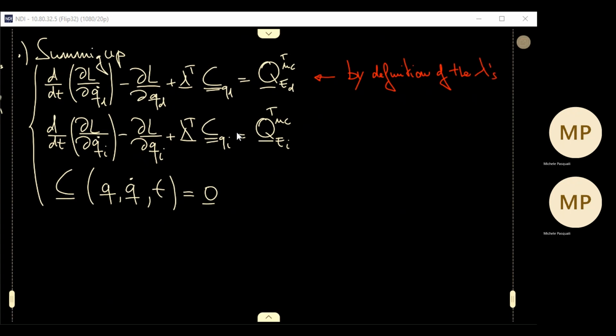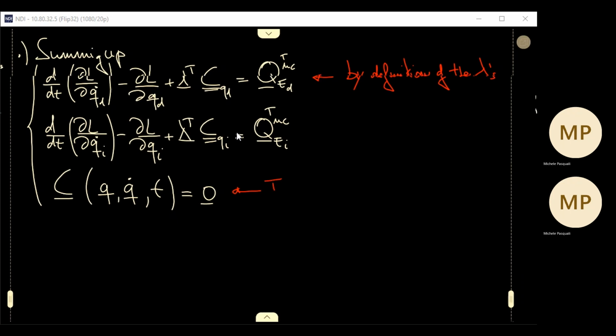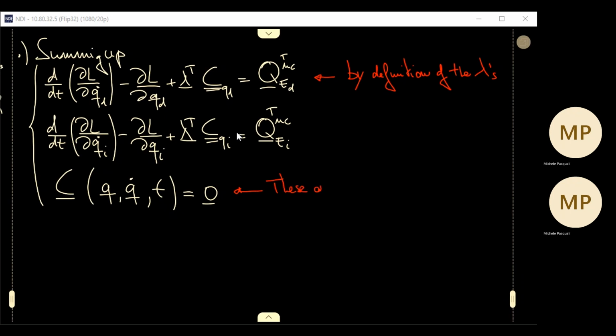And these are our constraint equations, which I wrote in this form because they are holonomic or non-holonomic.